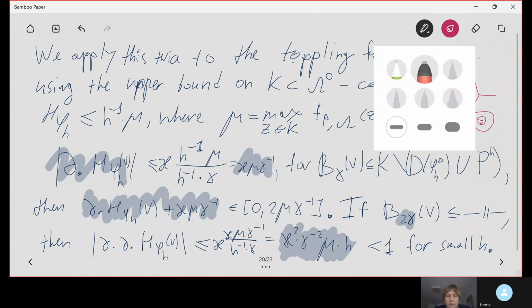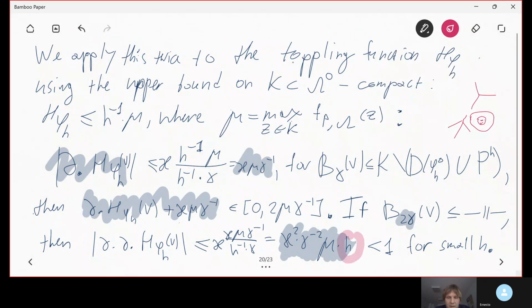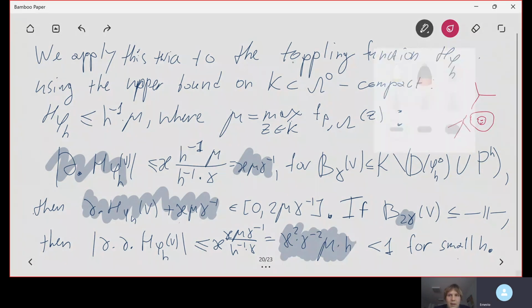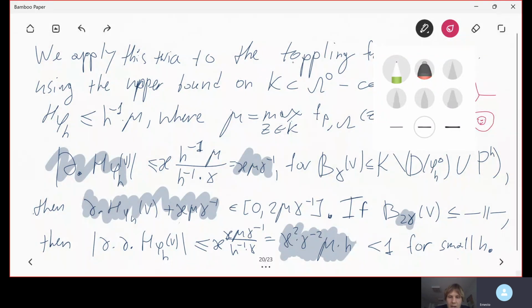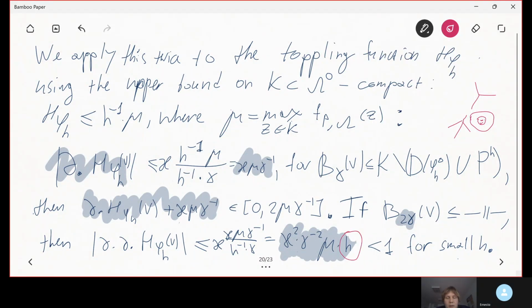I did the first derivative, and now I do the second derivative. Why go all the way to the second derivative? Because we want to prove that it's zero. We prove it's small, and we remark that it's also an integer. And if it's a non-negative integer less than 1, then it's 0.